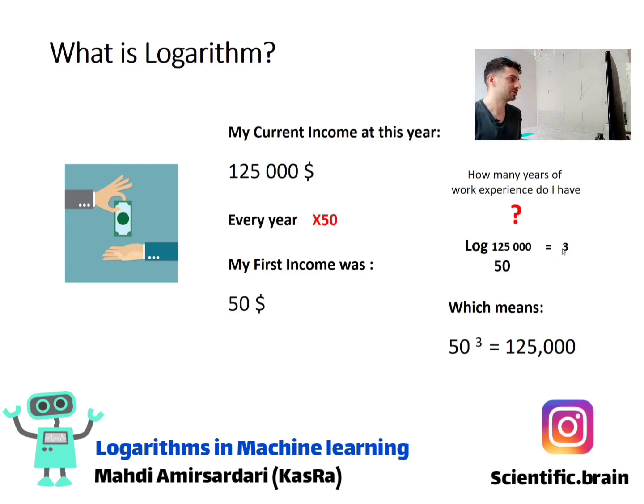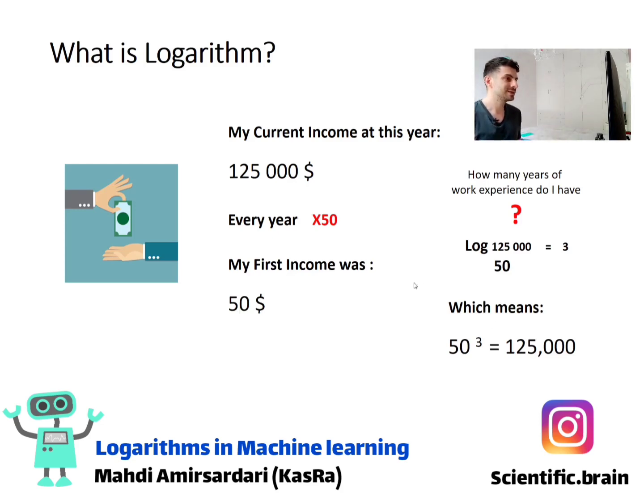If it returns the number of multiplications, it means 3 years of experience in this case. So $50 is multiplied 3 times to get this number. $125,000 is a huge number, so we could indicate it in another way, as a smaller number.